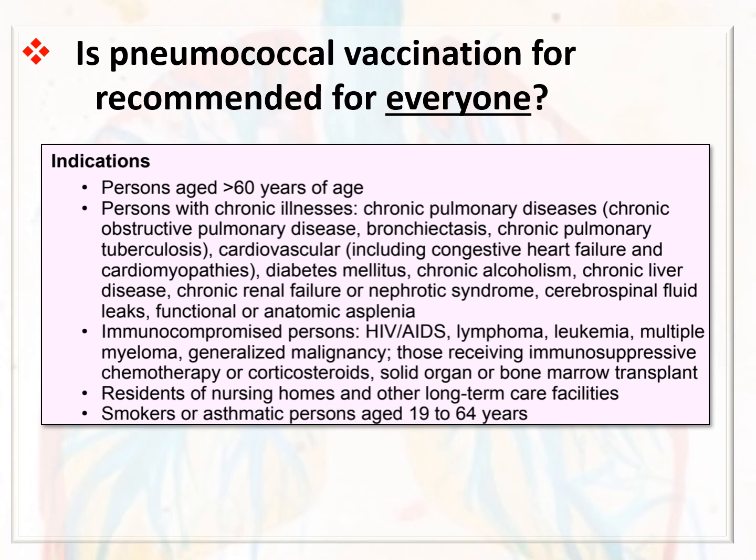You may start with the PCV13, then a year after you will have a PPSV23 shot. You may have that option. You may give that to your parents, especially if they have no history of pneumonia vaccinations.